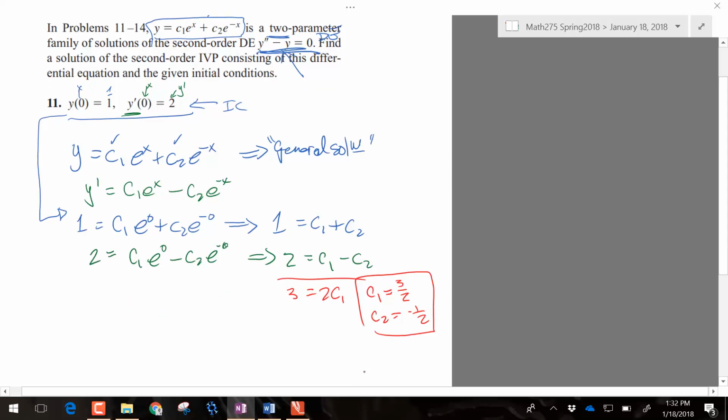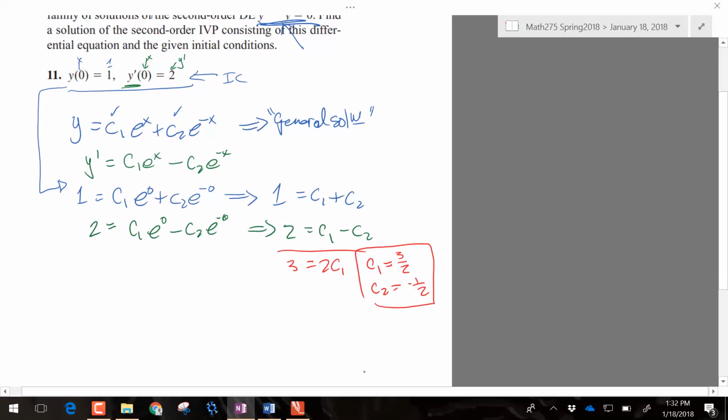Now, from your general solution, you can come up with your particular solution, with c1 being 3 halves and c2 being negative 1 half.